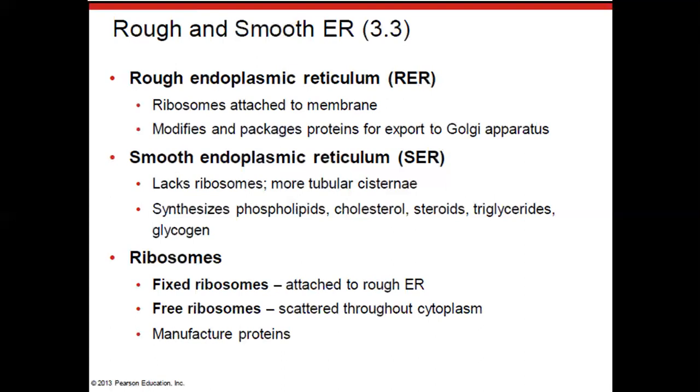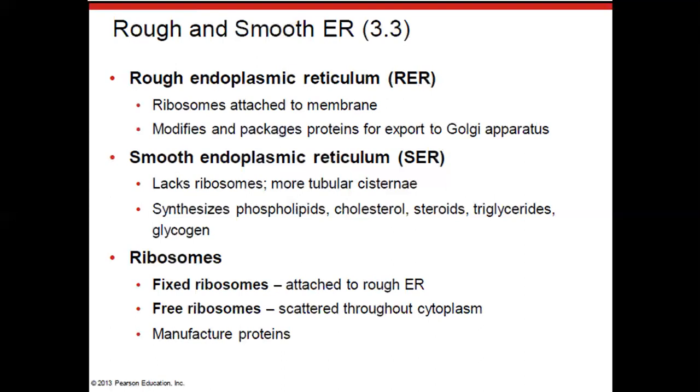lacks ribosomes. And that's where synthesis of phospholipids, cholesterol, which is a steroid, occurs. Cholesterol is basically the precursor for all steroids or steroid hormones. Triglycerides are an example of a lipid, and glycogen. Glycogen is a storage molecule for glucose, which is basically blood sugar.